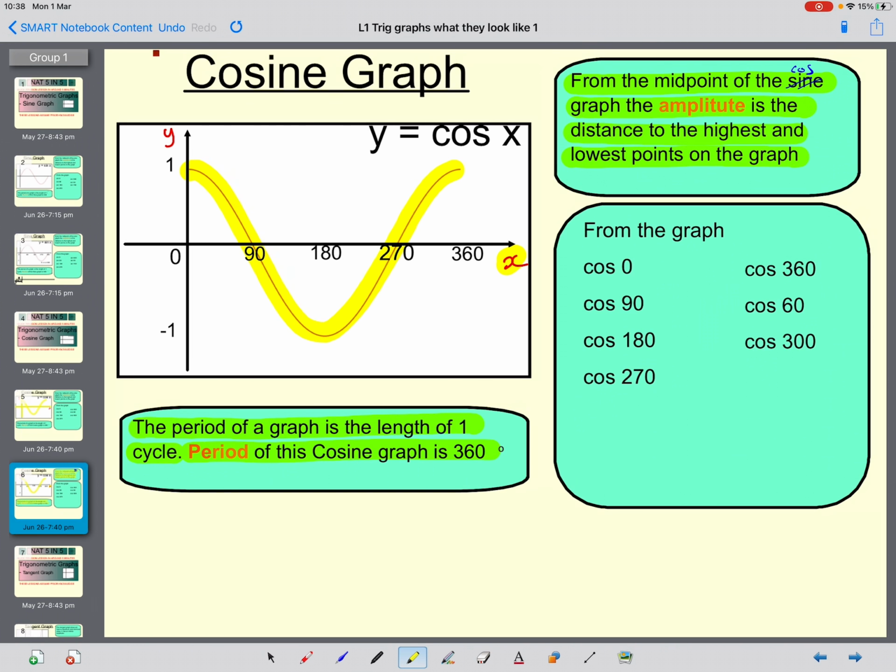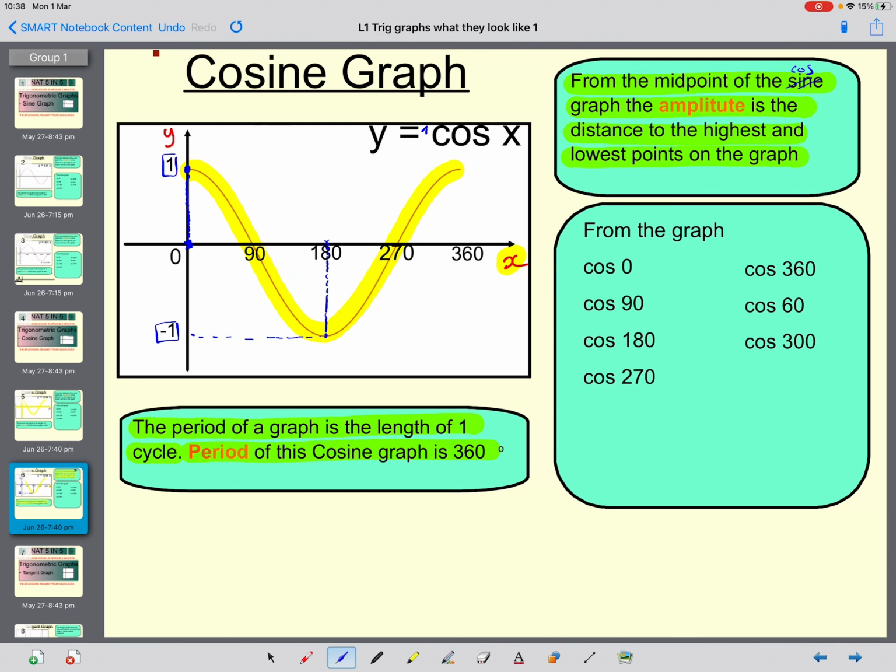If you look at the midpoint here, the middle of the graph, you go up to the top. That is the highest point on the graph, at 1. And you can see at 180, the lowest point of the graph is at -1. So the amplitude of this is 1.